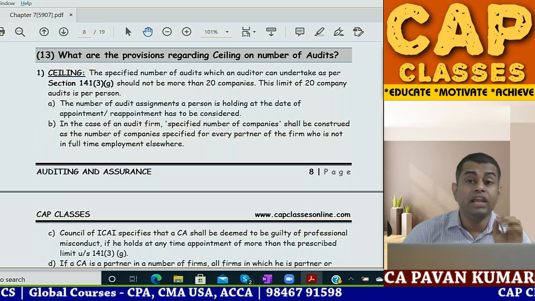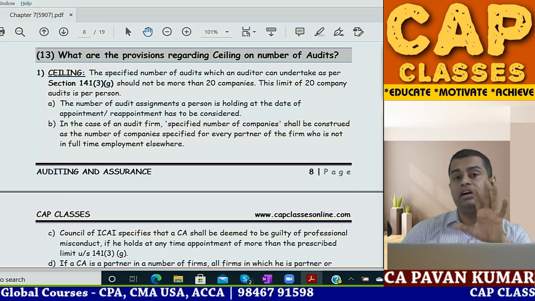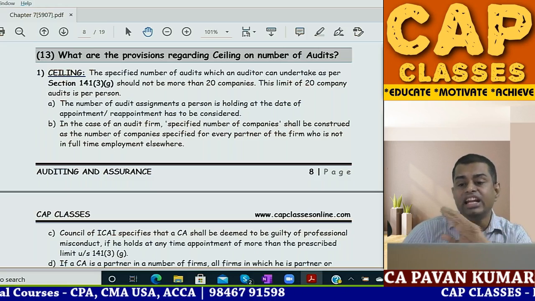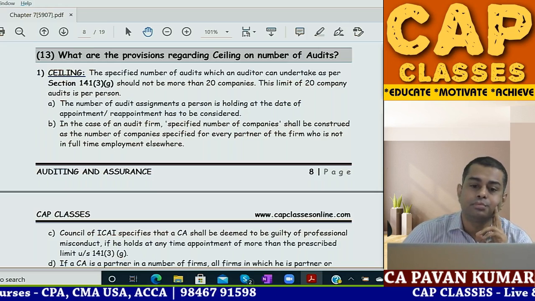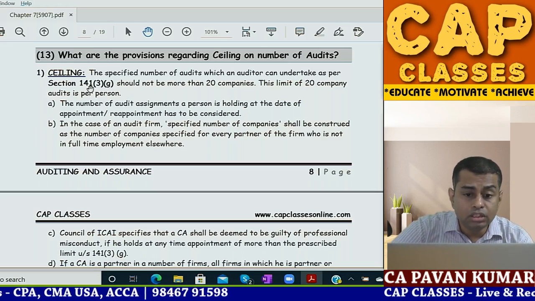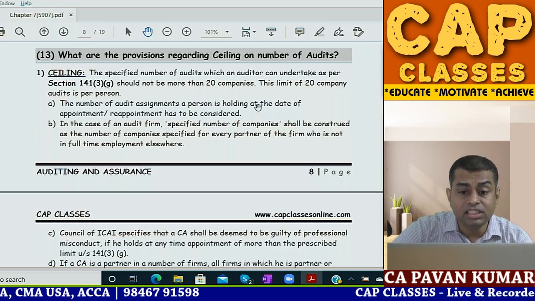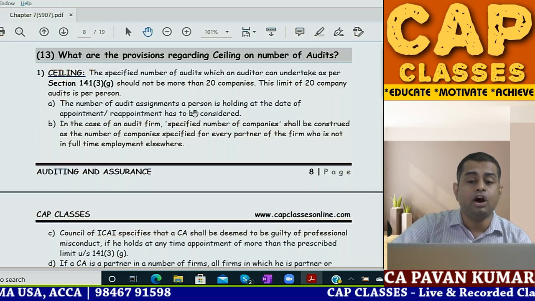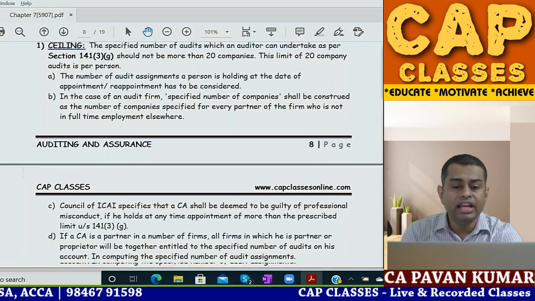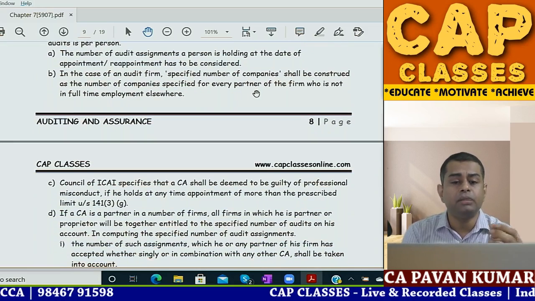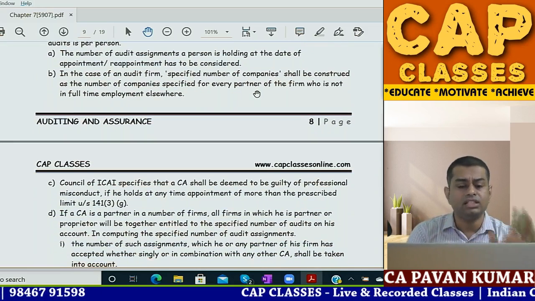You understand? If in the audit firm 8 partners are there, it will be 8 into 20, 160. You understand? The number of audit assignments a person is holding at the date of appointment or reappointment has to be considered. In case of an audit firm, the specified number of companies shall be construed as the number of partners into 20.